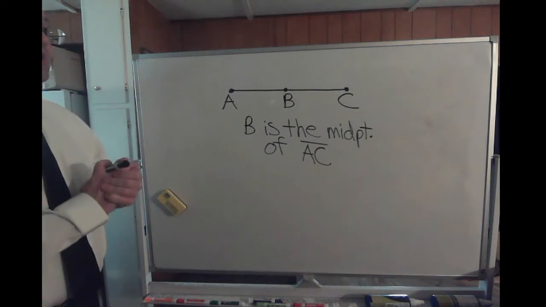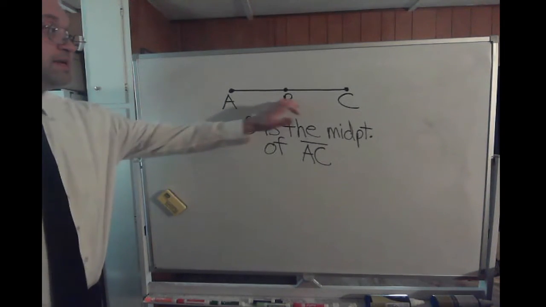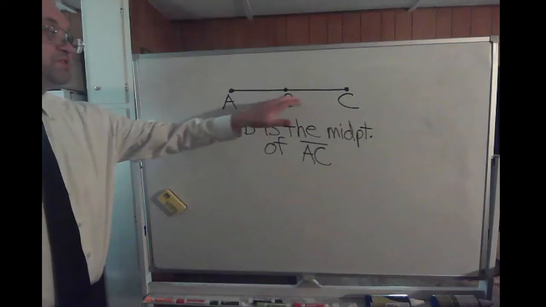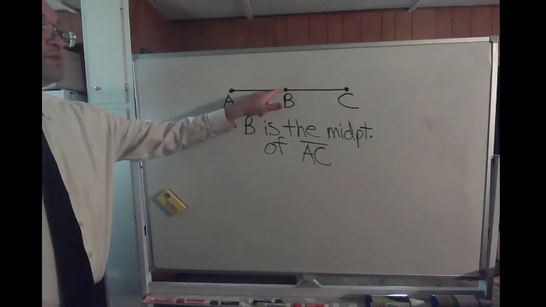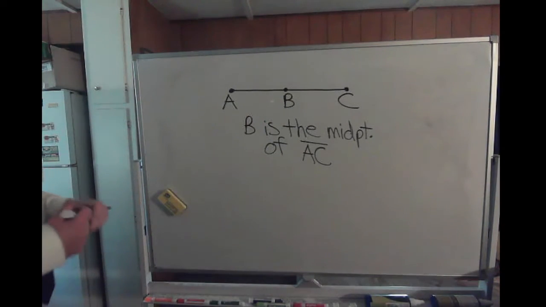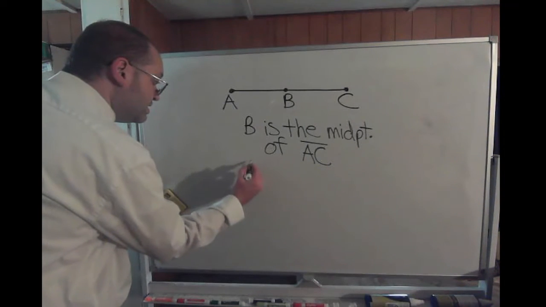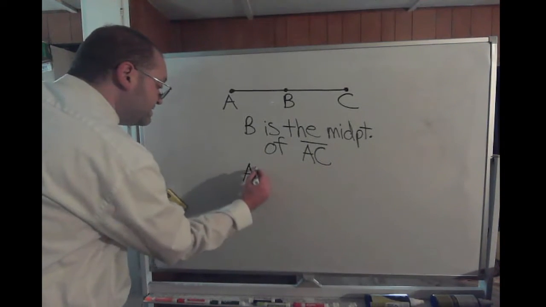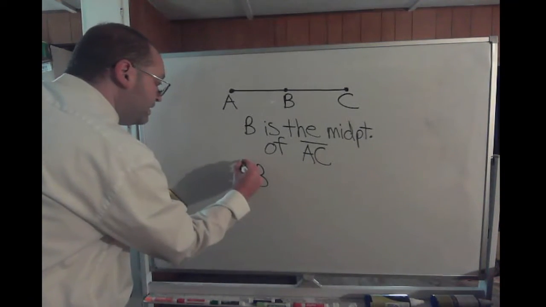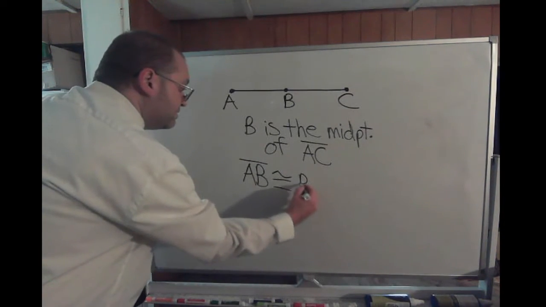And if you have a point right in the middle, if you have a midpoint of that segment, it splits the segment into 2 equal parts. So you can say line segment AB is congruent to line segment BC.